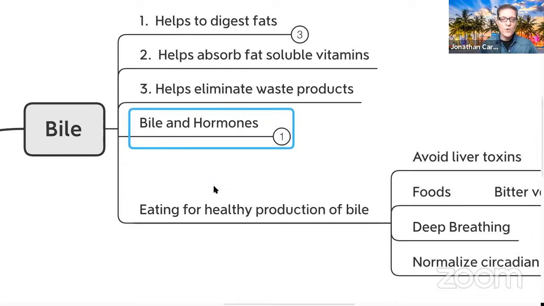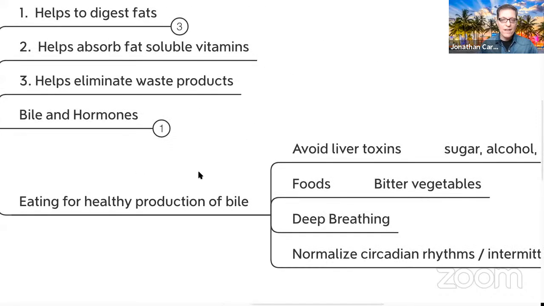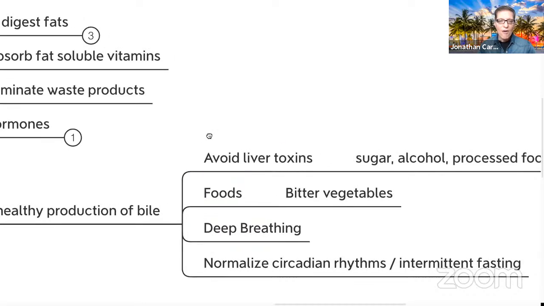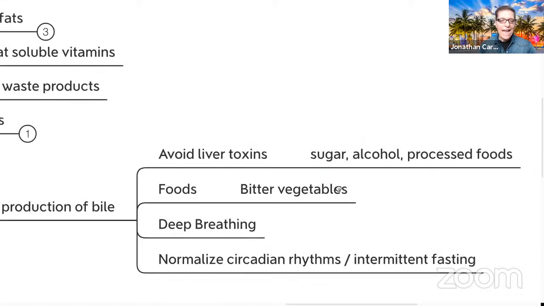And for healthy production of bile, eating foods that are bitter, like dandelion and other bitter vegetables, is going to be helpful. Avoiding liver toxins makes sense: sugar, alcohol, processed foods. And deep breathing.